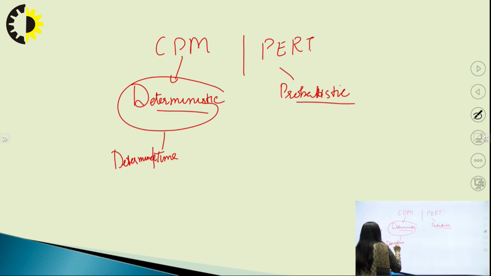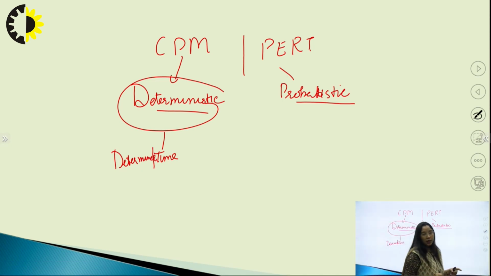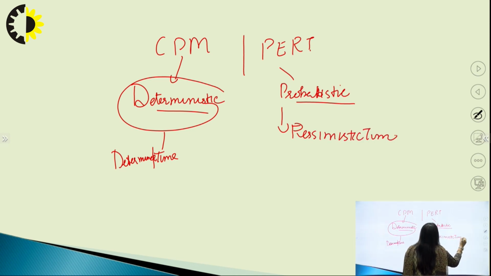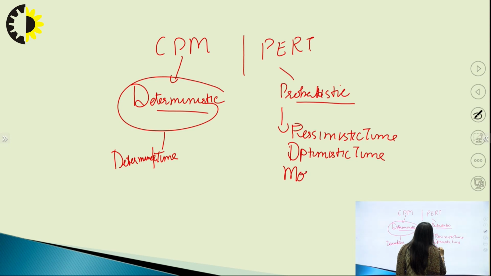But in the case of PERT, that is program evaluation and review technique, we have three types of time. Number one is pessimistic time, then optimistic time, and most likely time.